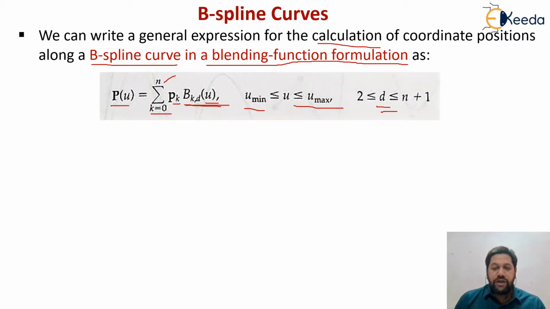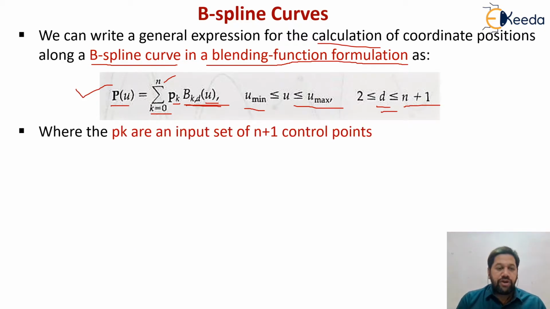So d is greater than or equal to 2, and less than or equal to a maximum of n plus 1. Here n also indicates the number of control points. So this is the B-spline blending function formula that is used by the B-spline curve.